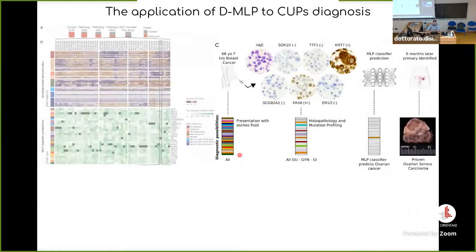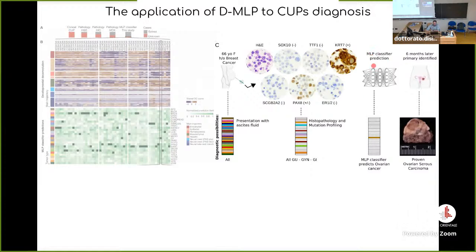But in the cohort, there was an example of a sample from a 66-year-old woman with a history of breast cancer who presented to the pathologist with ascites, which is associated with a wide range of different tumors. The immunohistochemistry and morphological analysis were fairly inconclusive, besides narrowing down the possibilities to the gastrointestinal, gynecological, or urinary tract tumor list.